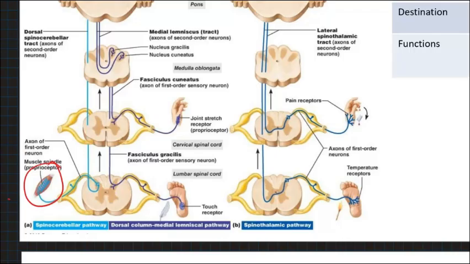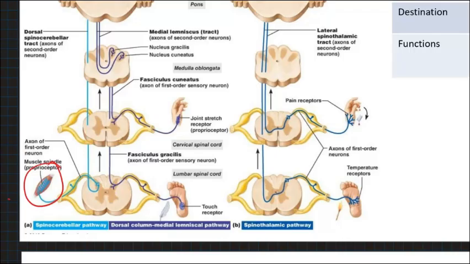So the proprioceptors, or let's do it differently. Imagine you are blindfolded and somehow, without touching your skin, your leg is being stretched. Can you feel it? Yes.